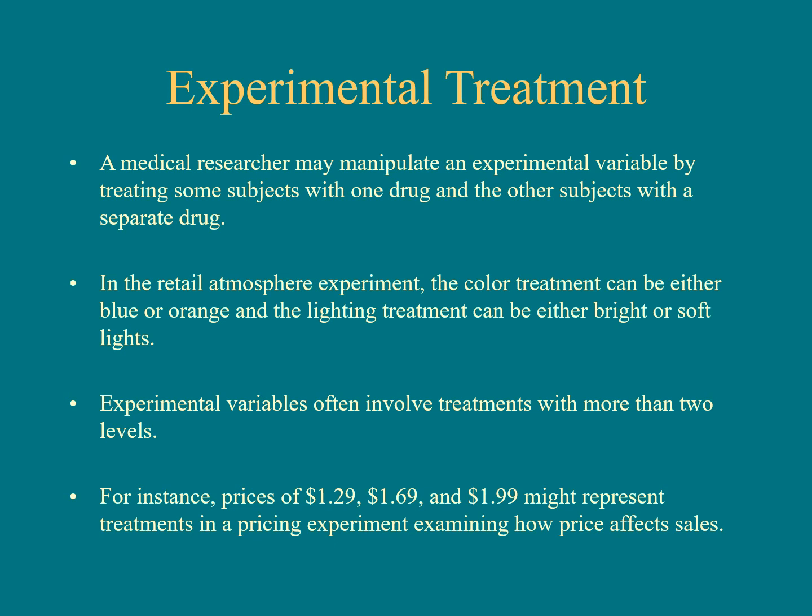So, experimental variables often involve treatment with more than two levels. For instance, prices of $1.29, $1.69, and $1.99 might represent treatment in a pricing experiment examining how price affects sales.